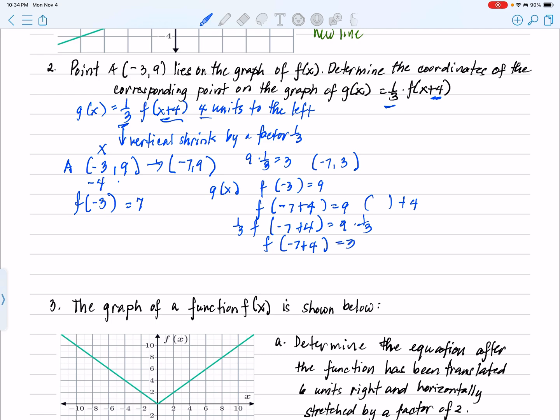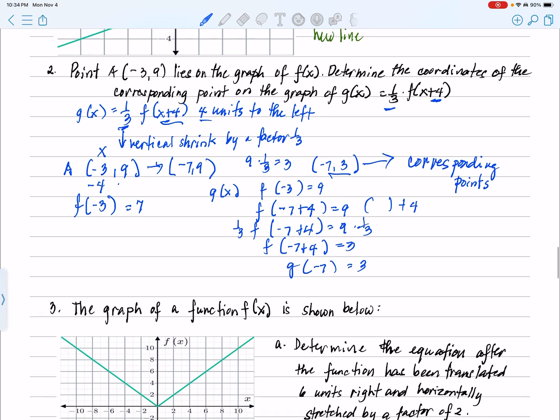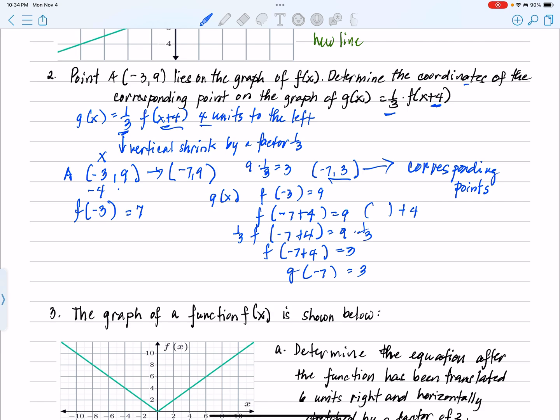Then g of negative 7 is equal to 3, by using the definition of g of x. So the corresponding point is negative 7 and 3. We are just trying to prove that this is the corresponding point because you are asked to find the coordinates of the corresponding point on the graph.